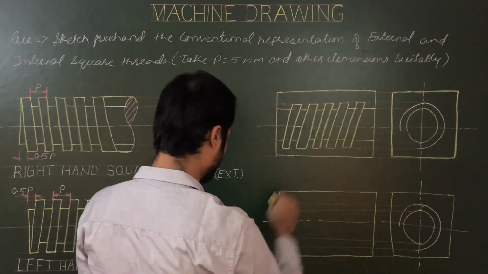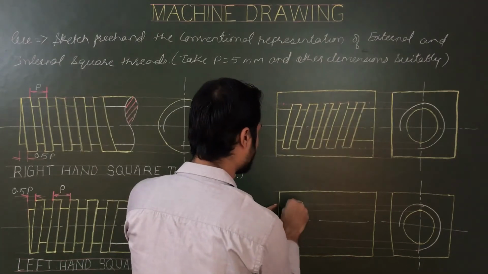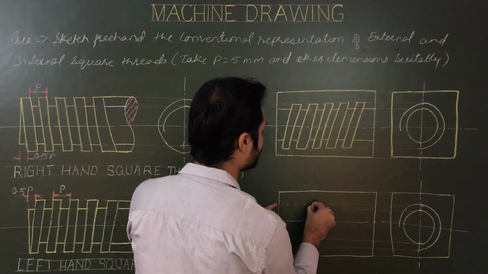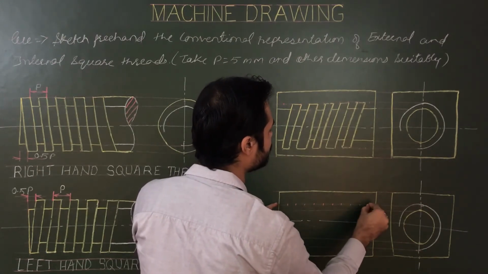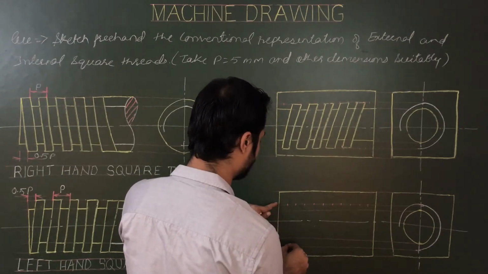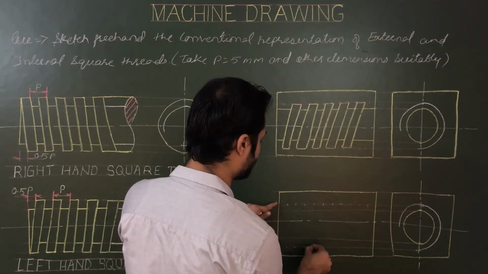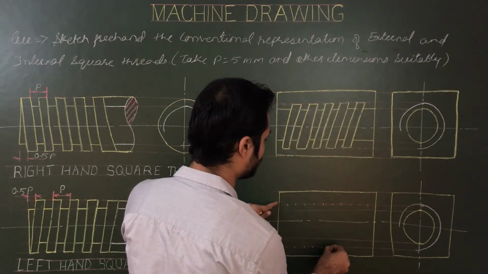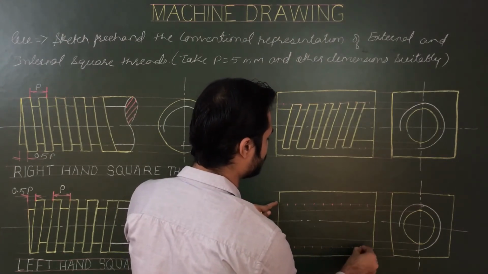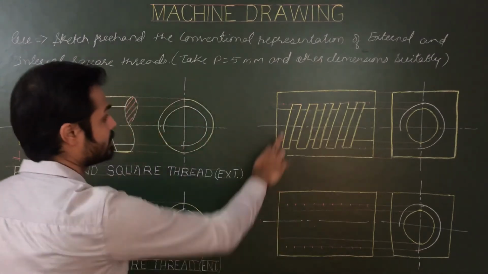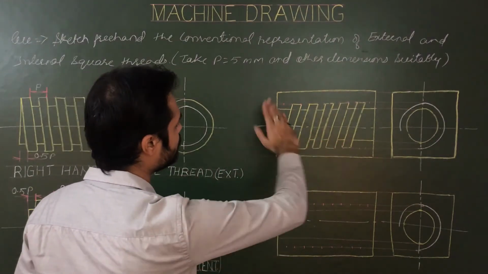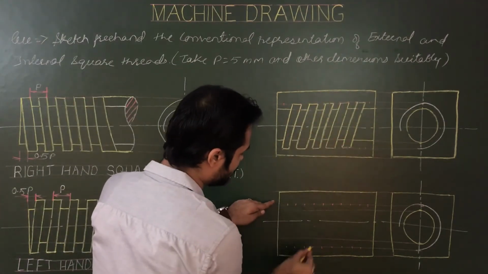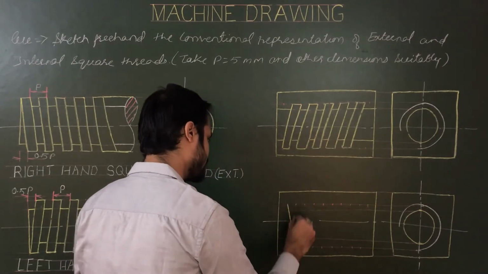So again we have to mark equal distances of 0.5 P on the upper line or major line. And then similar to this, draw lines joining upper and lower limit, but in the opposite manner or left oriented. So from this point to this point like this.